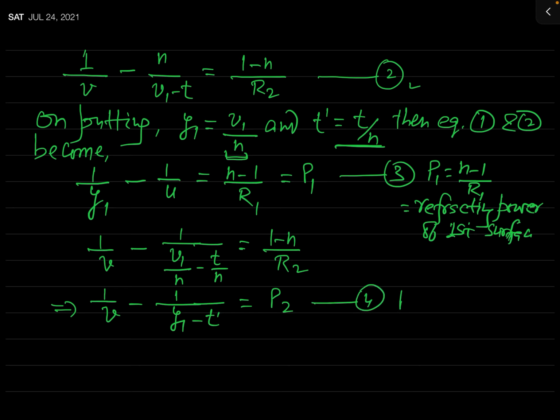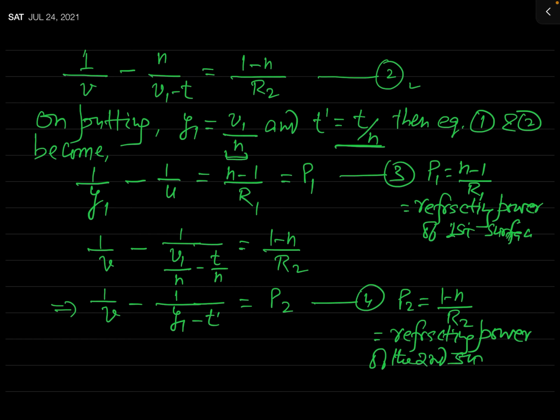Actually, you can see this p2 is equal to 1 minus n over r2, and this is actually the refracting power of the second surface.